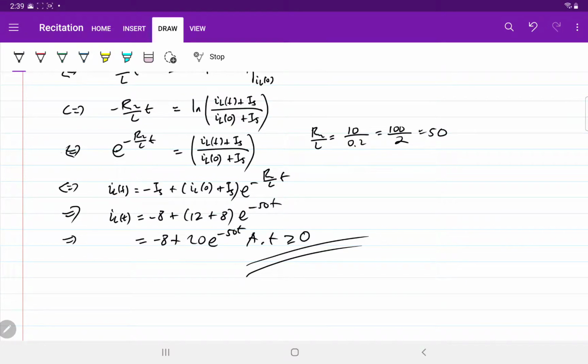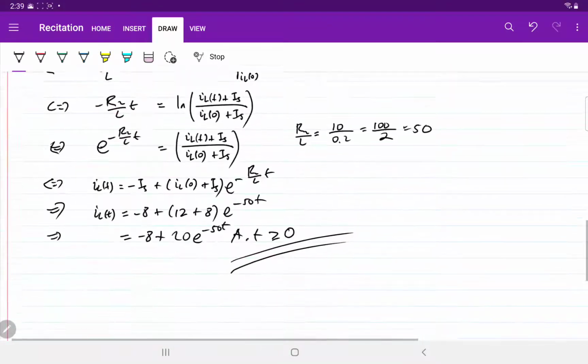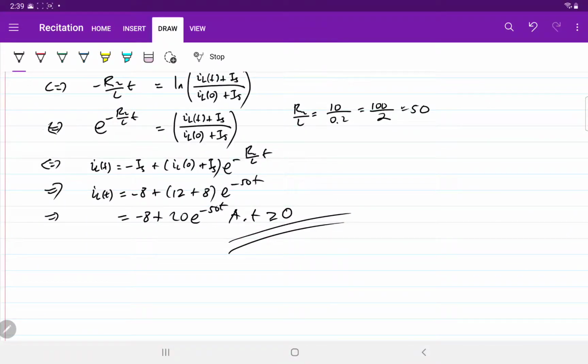Because that's the initial current of the inductor when t is equal to 0. When t is 0, you have e to the power of 0, which is 1. So minus 8 plus 20 is 12. So you will get back your 12.